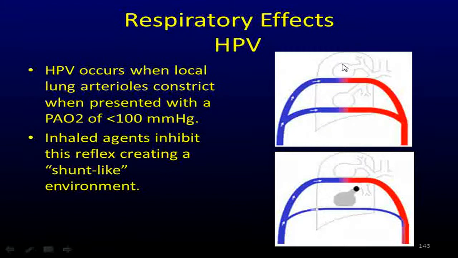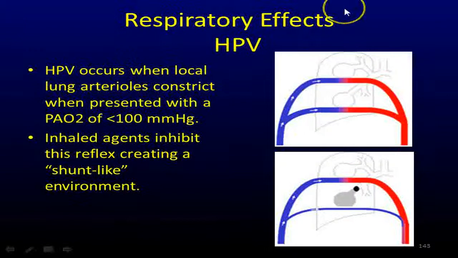So what does the body do? Hey, this alveolus is dead. I am constricting this area, and I'm going to shunt this blood to an area that is better ventilated to help move my VQ ratio closer to 1. Everybody seeing that in their mind's eye? Okay. That's a quick down and dirty on VQ. You need more help, come see me on that.